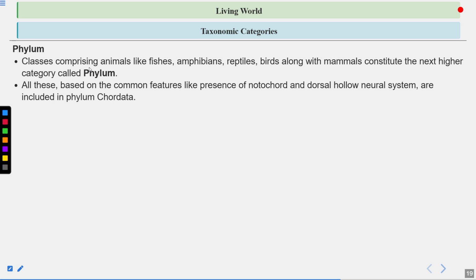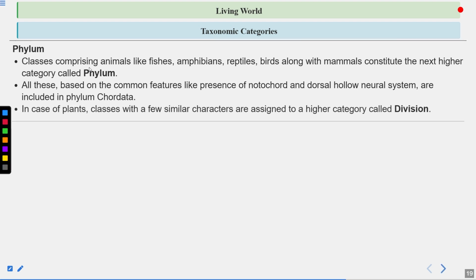And this notochord plays a crucial role in organizing the nervous system. It helps to organize the developing nervous system. This is the function of the notochord. And notochord and dorsal hollow neural system are present in the members which belong to the phylum Chordata.